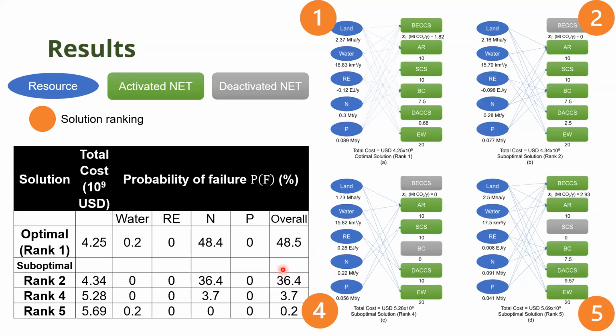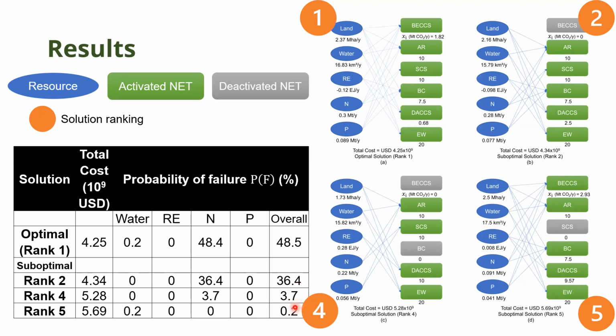So how do we explain this? From the figures, we can see that the suboptimal solutions, rank 2, 4, and 5, have lesser allocation for the biologically based nets like BECCS, biochar, and SES. And decreasing the allocation of these biologically based nets, which require nitrogen, increases the robustness of the portfolio.